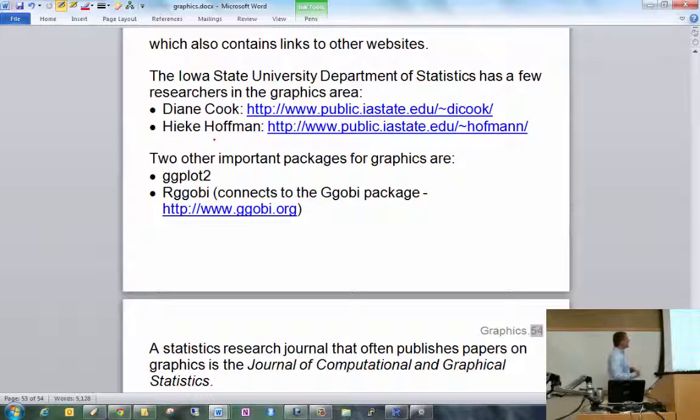The Department of Statistics at Iowa State is probably the largest, you could say best, Department of Statistics in this area of the country. They have 30 to 40 faculty there, and because of that, they have a research group that's focused on graphics itself, and those are the 2 professors who are most involved with that.